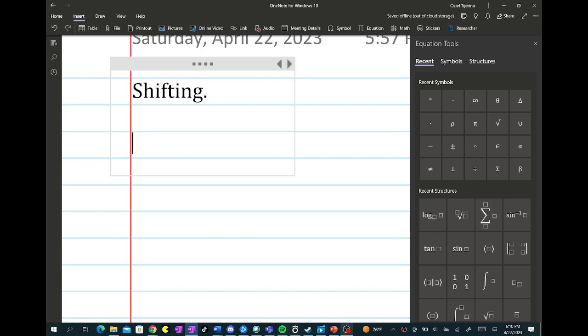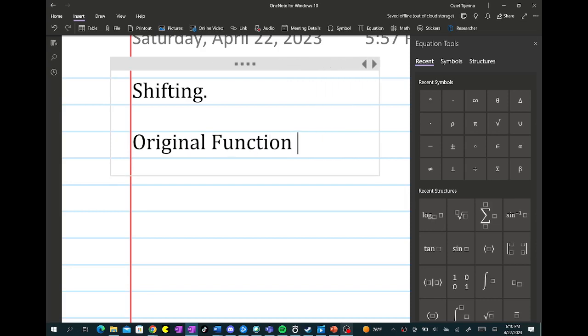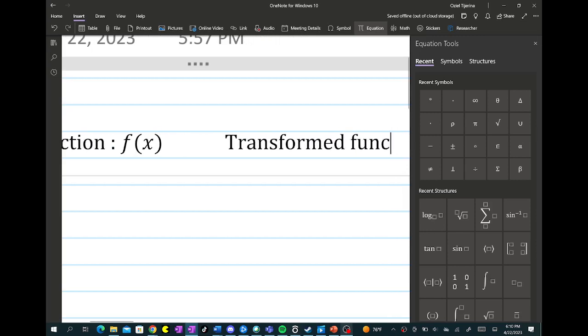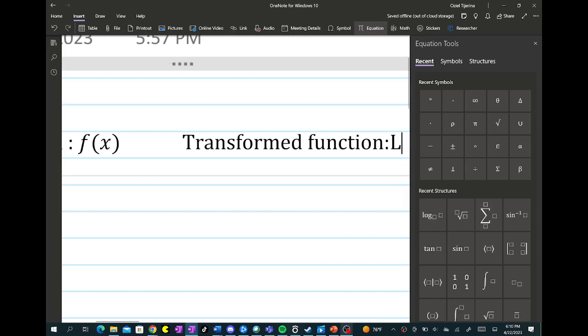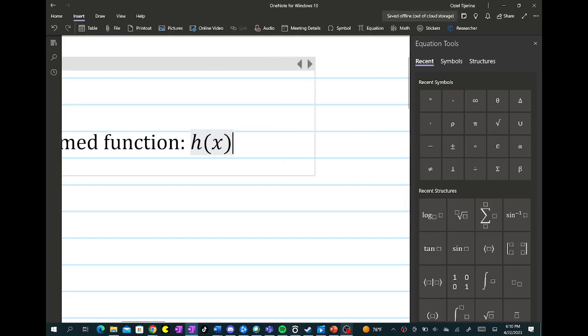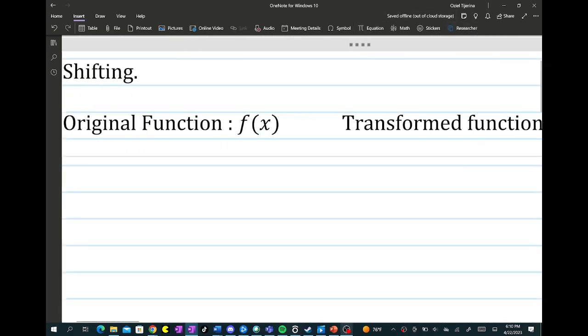Let's say our original function is f of x, and the transformed function is going to be h of x. Let's just say that, right?